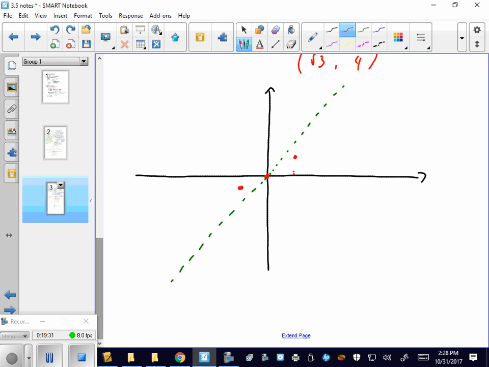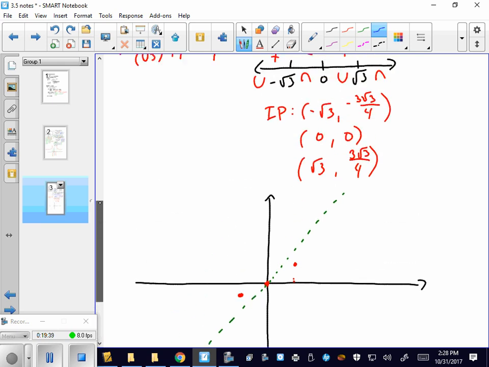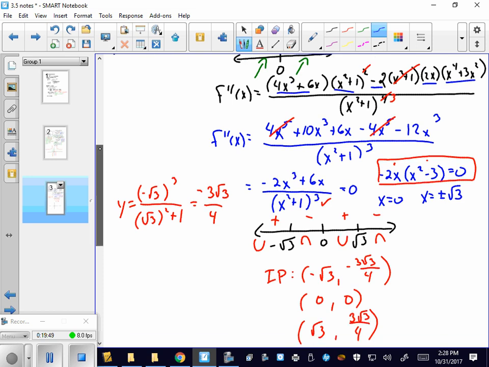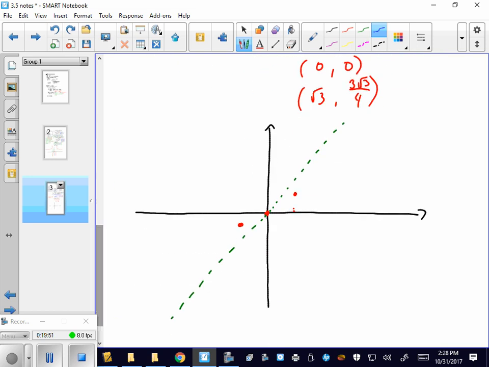We know that the function is increasing on the entire interval. It's always going up from left to right. We also know, let's go back to the concavity. It's concave up until we get to the negative square root of 3, which is at the inflection point. So in order for me to have something which is increasing and concave up, but also involving the slant asymptote, it must look something like this.